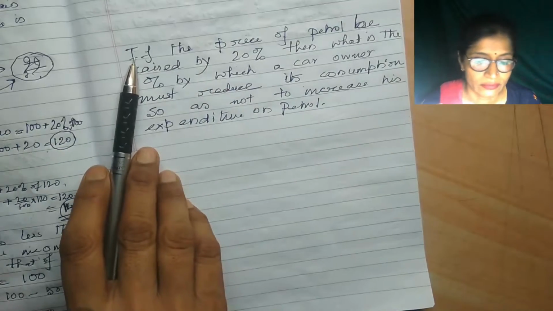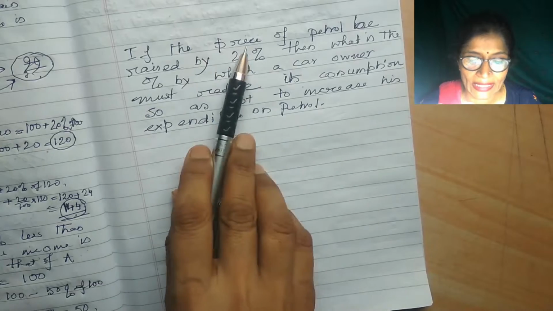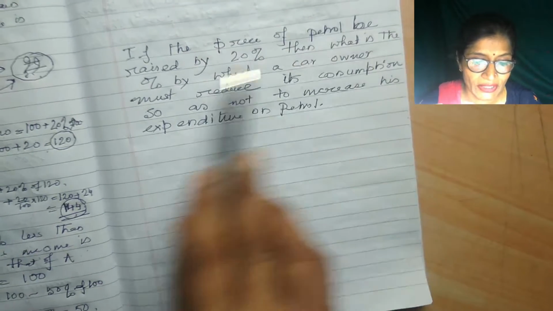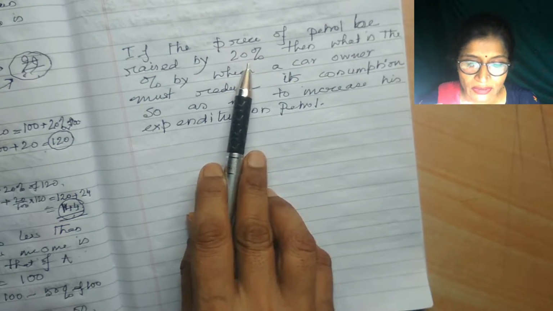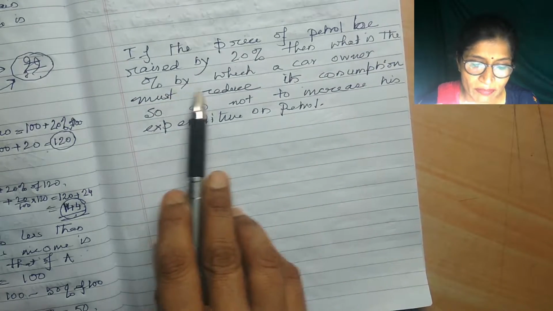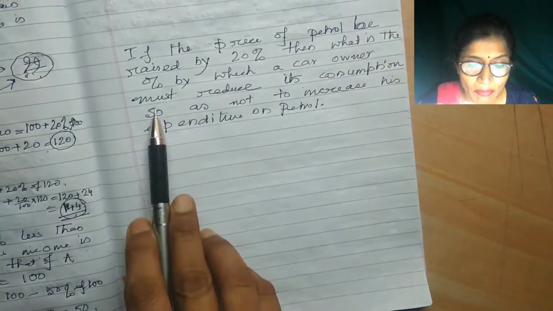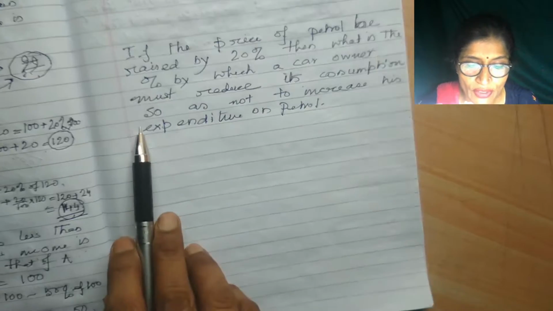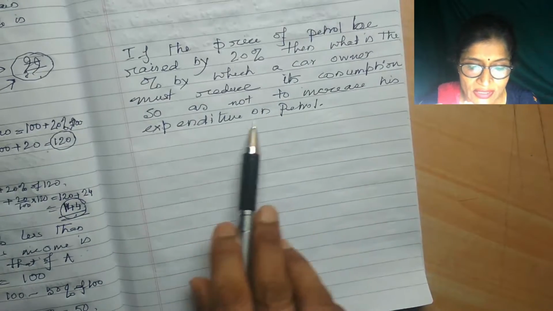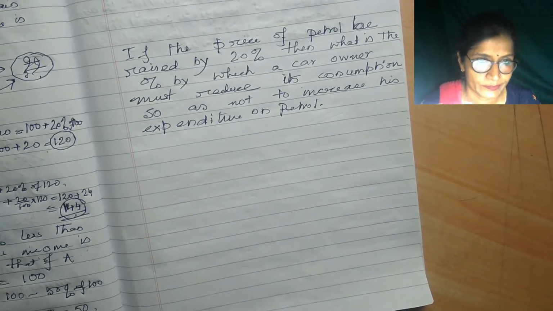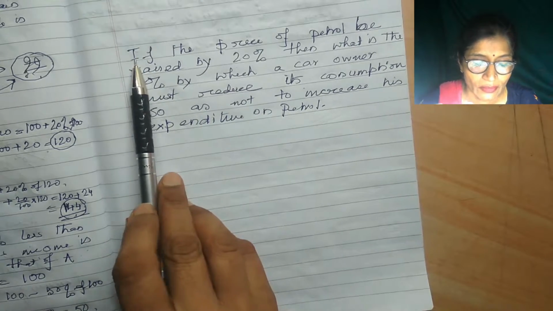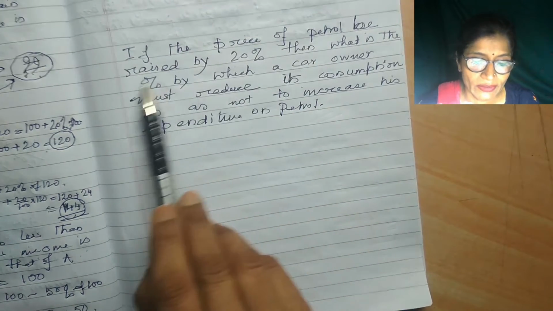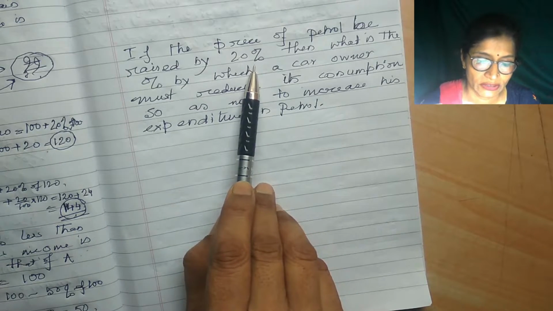Next is that if the price of petrol is raised by 20%, then what is the percentage by which a car owner must reduce his consumption so as not to increase his expenditure on petrol? Price of petrol, what happened? Increased by 20%.